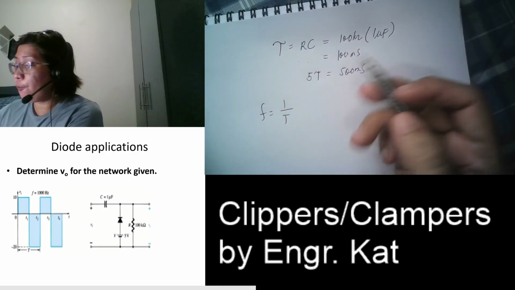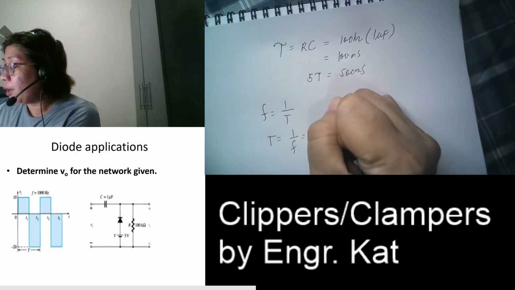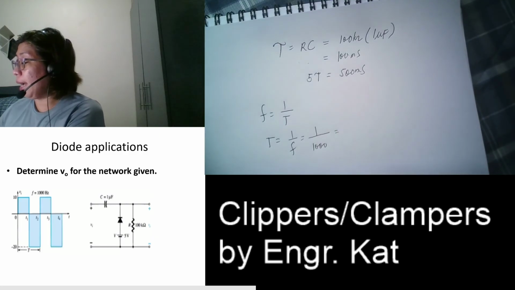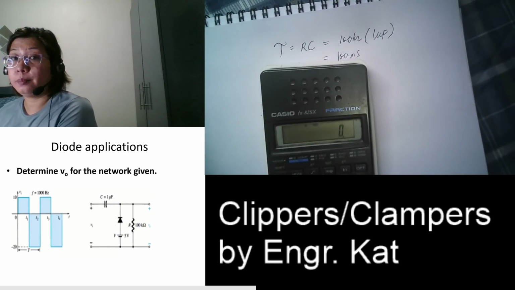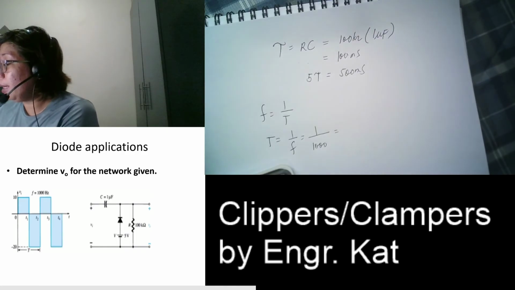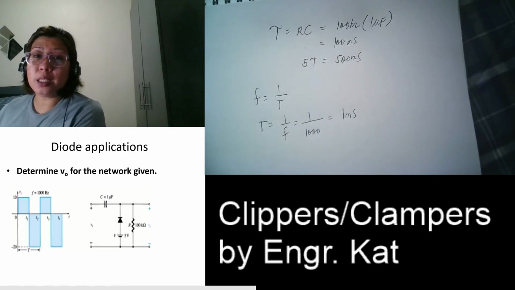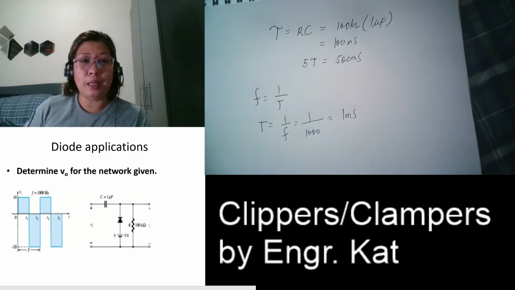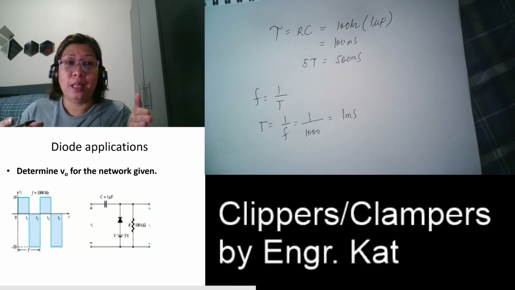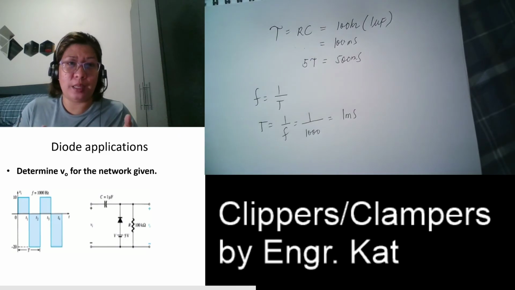So the period is 1 over f, so 1 over 1000, so that will give us 1 millisecond. Okay, so that means you have 1 millisecond to complete a cycle. So 1 millisecond positive half, 1 millisecond negative half.